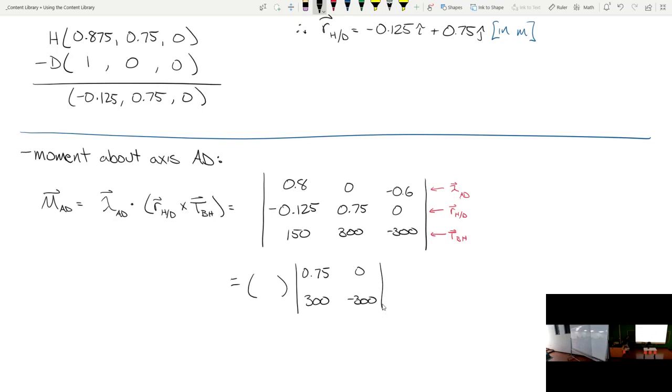We would cross out this row and column and get these 4, and then we would have an I here, but instead of I, we're going to write 0.8. Then we subtract our J term. This one's going to be pretty easy, because our J term is going to be 0.